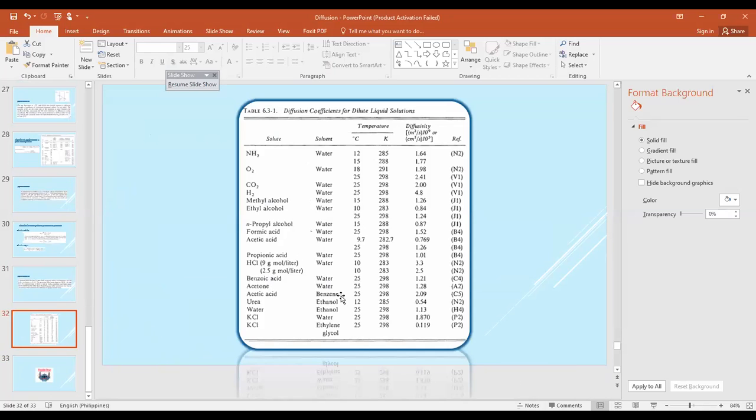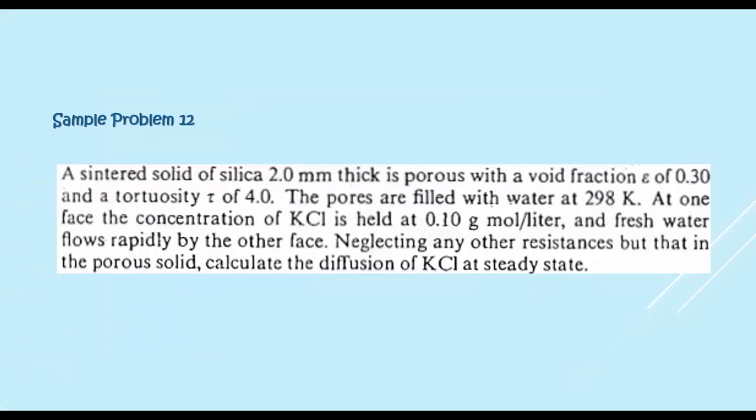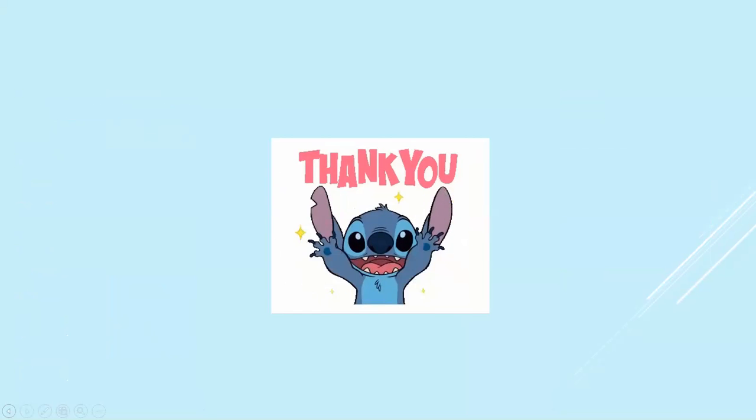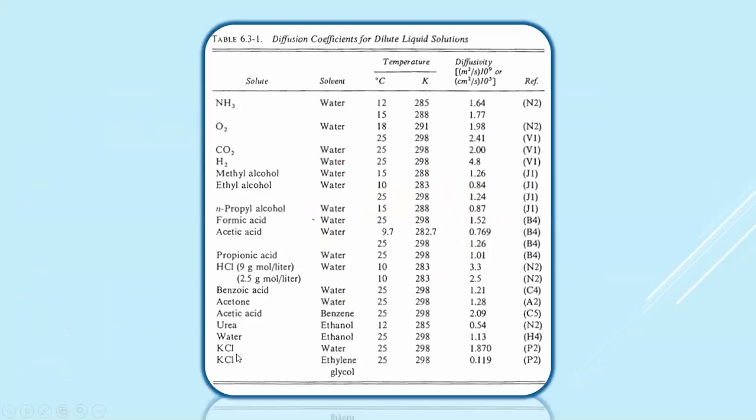Actually, it's a table in the diffusion of liquids, under the diffusion in liquids. So the table has KCl in our problem here, this is KCl in water. So our solute is KCl, our solvent is water.